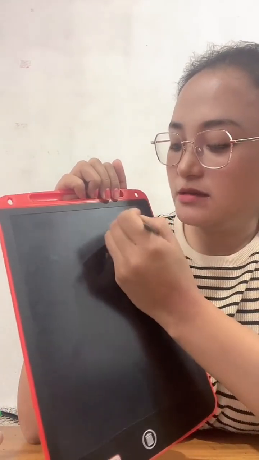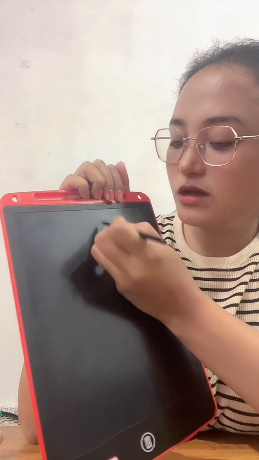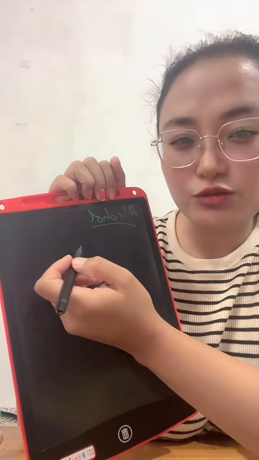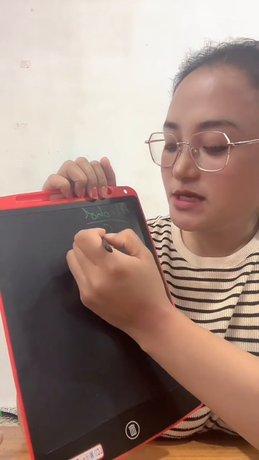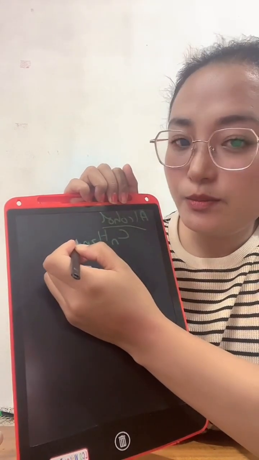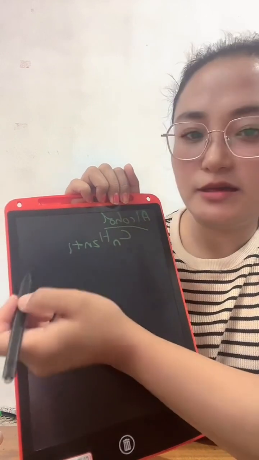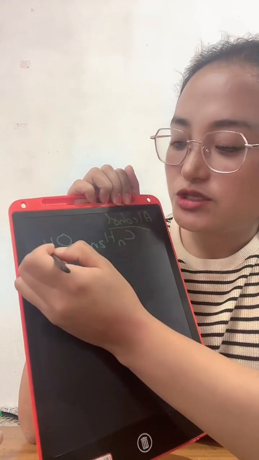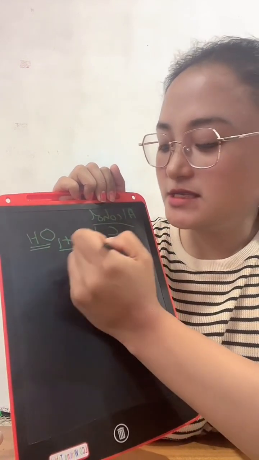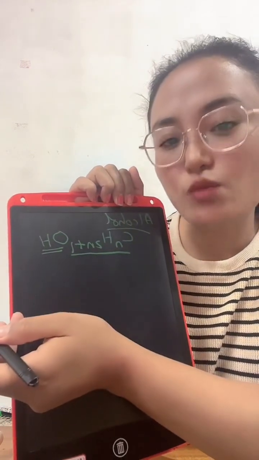Now, in class 10 imagine we have a whole alcohol chapter. Alcohol also has a general formula, which is CnH2n plus 1 OH. OH is there in alcohol. CnH2n plus 1.